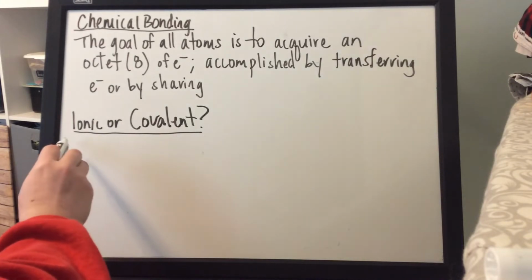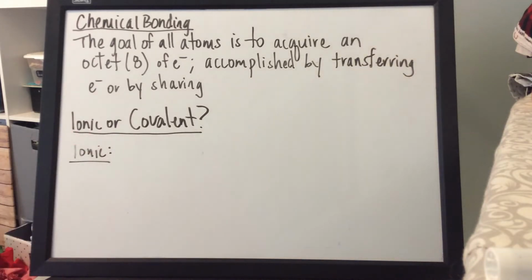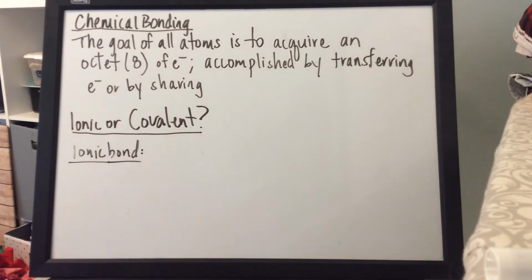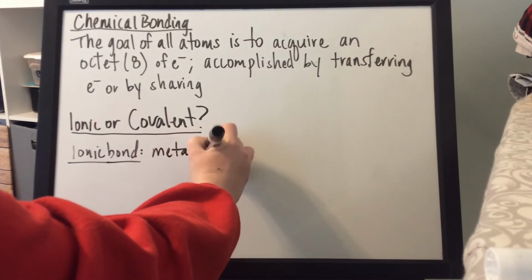So my first key word here is an ionic bond. So an ionic bond, let me see how I want to describe this. It is a metal and a nonmetal.